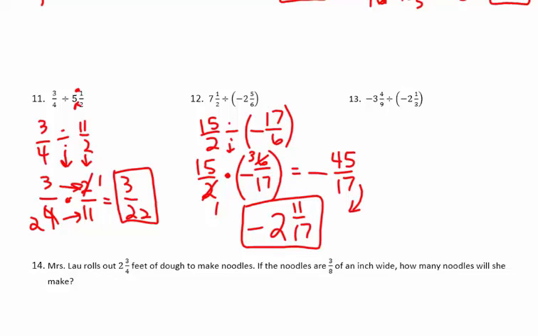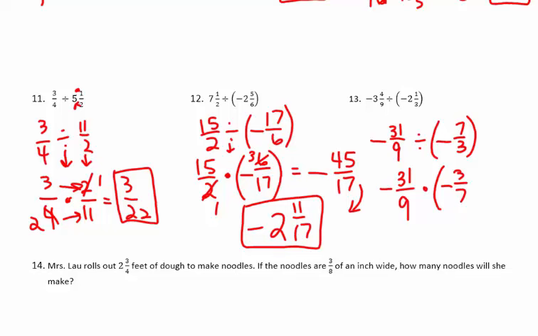13, I changed it into improper fractions. So 9 times 3 is 27, and 4 is negative 31 over 9, divided by negative 7 over 3. Leave the first fraction, change it to multiplication, flip the second one.